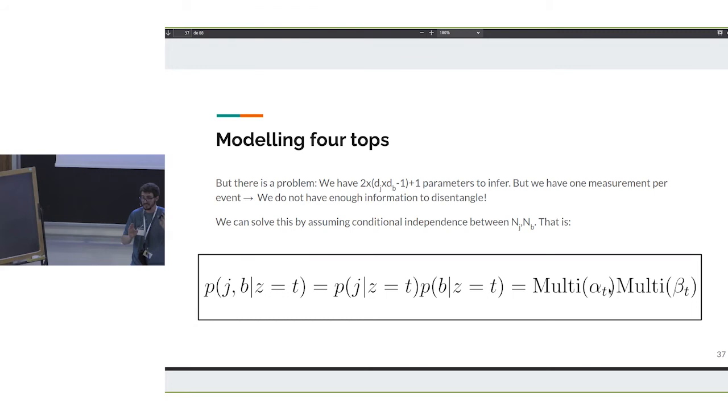You have to match a certain jet distribution with a certain B jet distribution. Exactly. This is a conditional independence, saying that all the correlation you observe between these variables is because of the class assignment. Exactly.